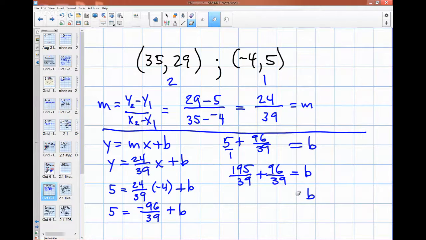And we have a common denominator so we can bring those together. So if you add 96 to that, it's 100 minus 4, so it should be what? 291? Got it. So now just go back and rewrite the equation, leaving m as we found it earlier.